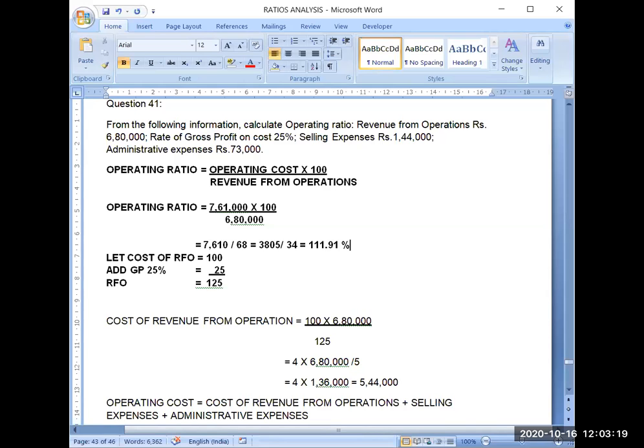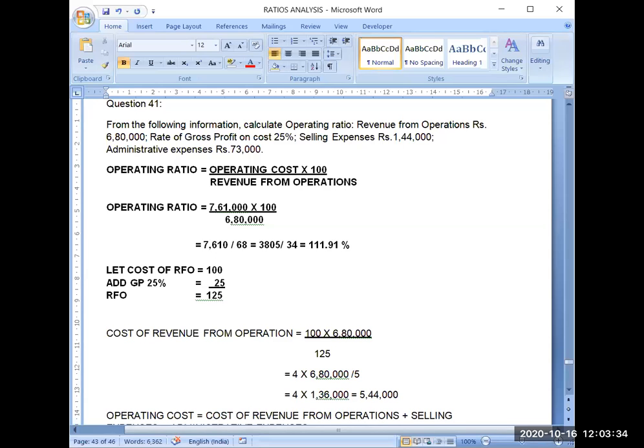That's why we will round it off to 111.91. If it would have been more than 5 after that, then we would have made this 1 as 2. So whatever answer you are getting in decimals, try to express it up to 2 decimal places. So this way we have completed operating ratio.